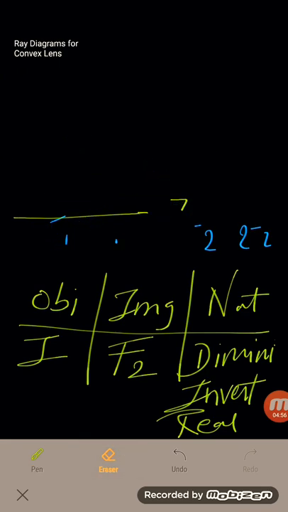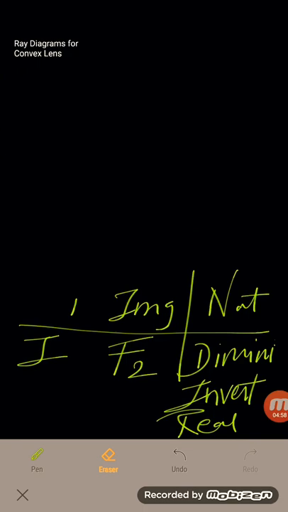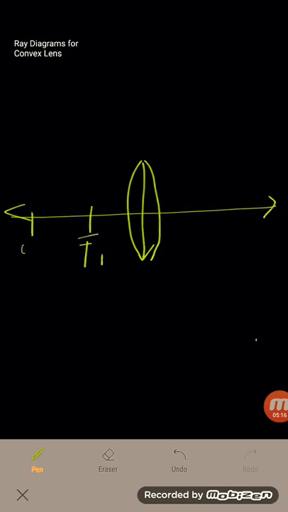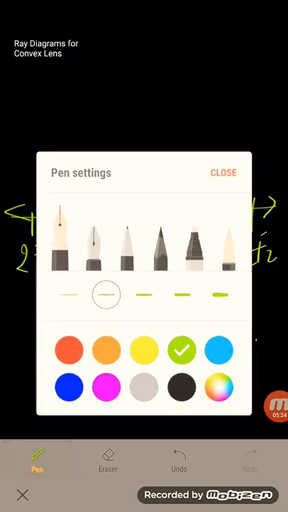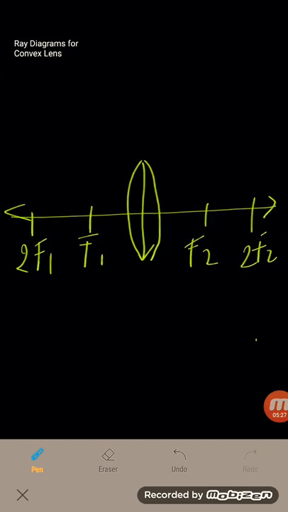Let's draw our second image. Oh, first we'll draw a framework. This is the principal axis, this is our lens, this is f1, 2f1, f2, 2f2. So if the object is beyond 2f1, what happens?